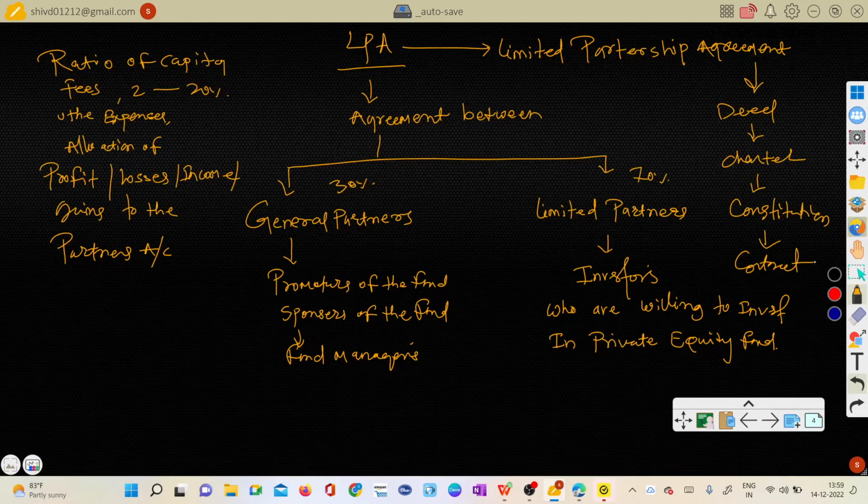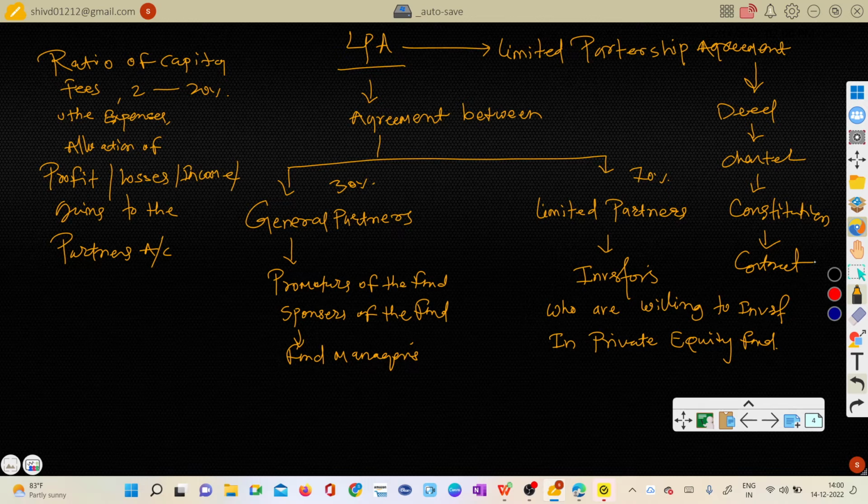All are the words which define the ownership of investment in an XYZ fund, right? So it's a partnership business, where the general partners and limited partners come together, form the agreement, and invest their funds in XYZ or targeted companies.